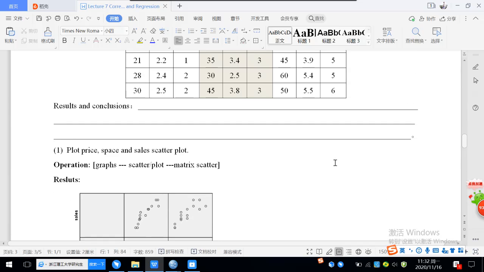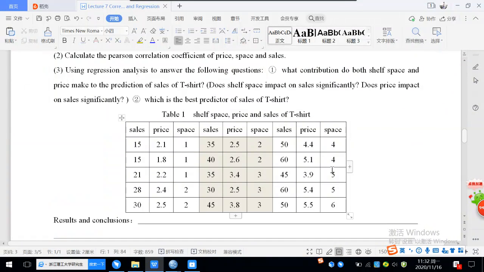The second part is then, through these graphs, you can see that they have the linear relationship. Then next, you need to test if the linear relationship can be accepted or has significant linear relationship.